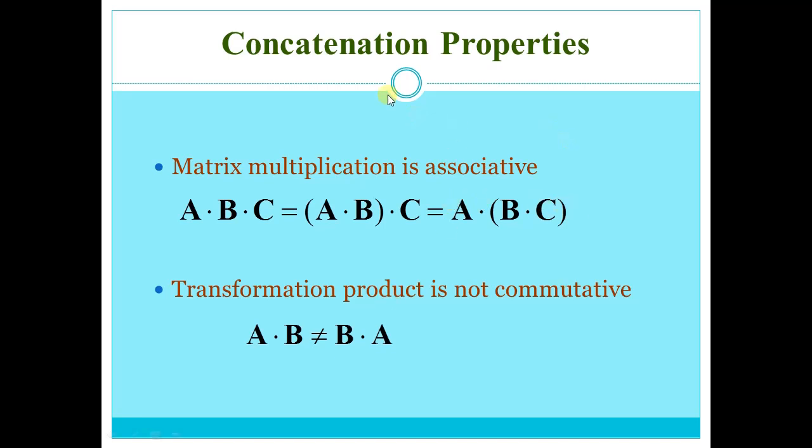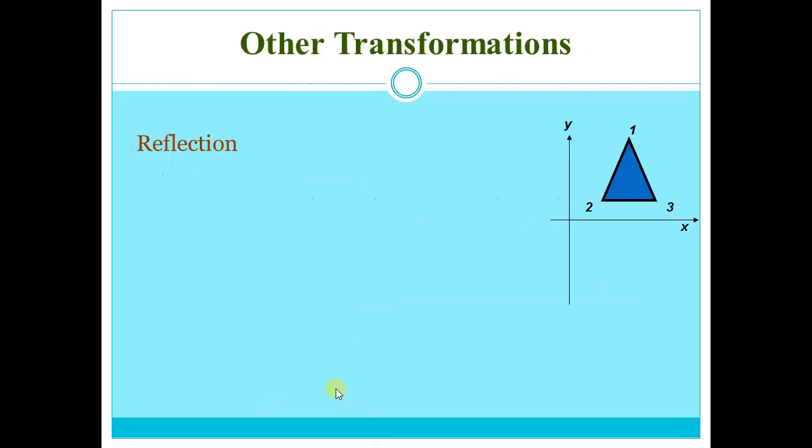There are some rules for the concatenation properties. Matrix A into B into C is associative. It means we can multiply A into B, we get one new matrix, then multiply it with the C matrix, or we can first multiply B into C, we get a new matrix D, and then the A matrix can be multiplied with the D matrix. And the last one, the transformation product is not commutative. It means A into B matrix is not equal to B into A matrix.